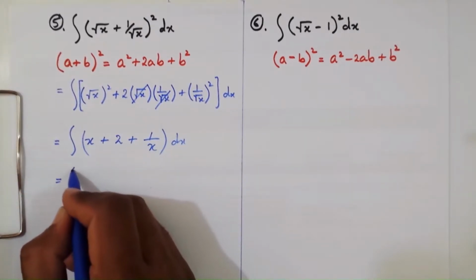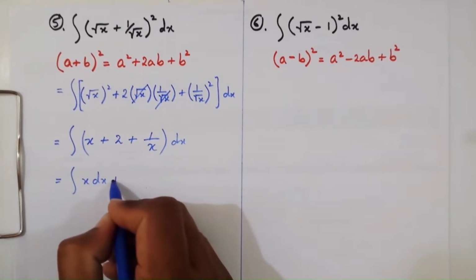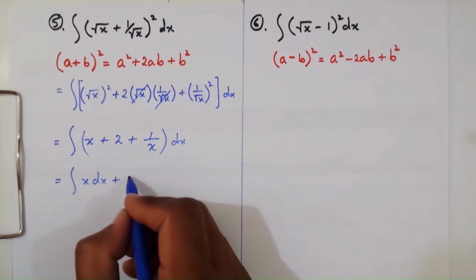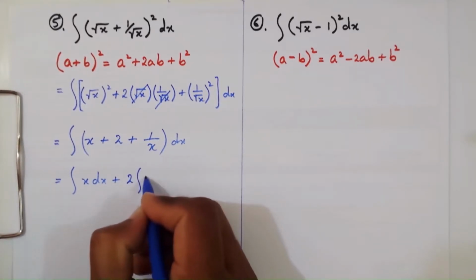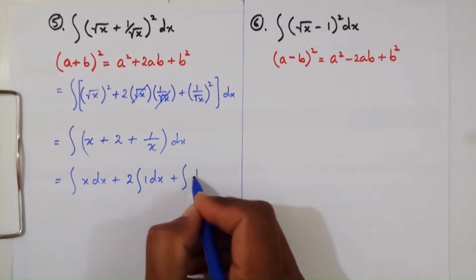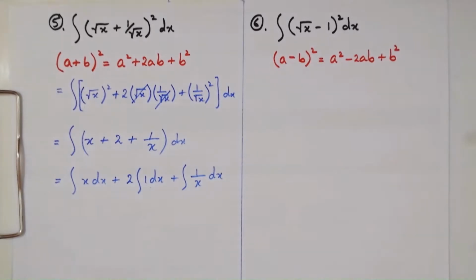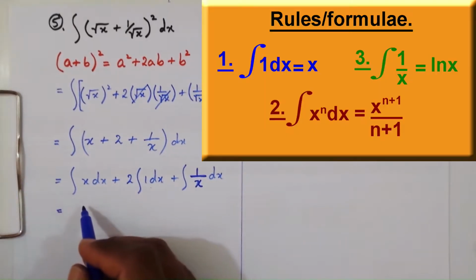Now we apply the integral sign separately with each term and take out this 2 from the integral sign. Now we find the integration.